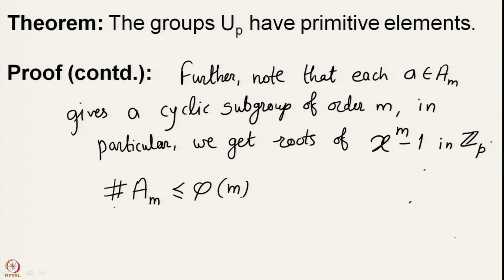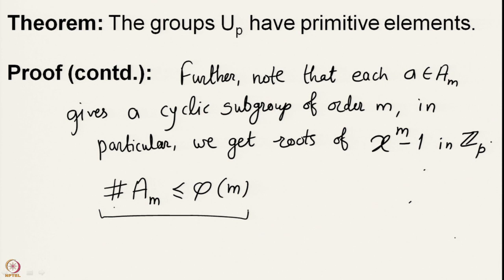This is because once you have one element generating a cyclic group of order m, in that cyclic subgroup you will have phi(m) elements of order m. If you have any more elements of order m, it should give you at least one more element outside this cyclic group, and then the polynomial x to the m minus 1 will have more than m solutions. This is something which cannot happen.